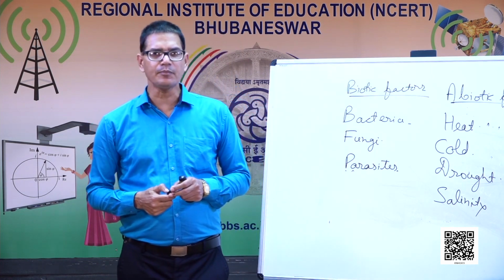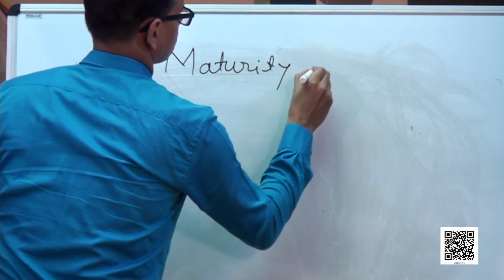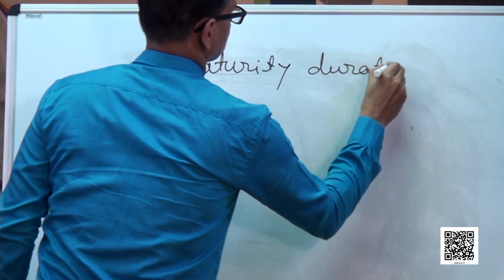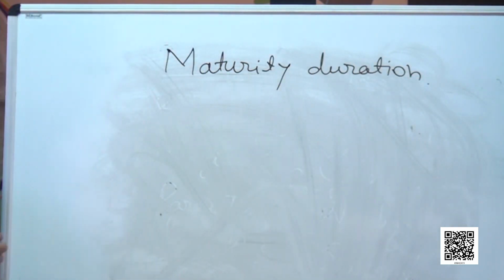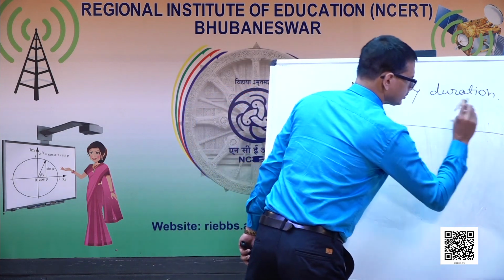Next is change in maturity duration. What is maturity duration? That means a crop requires time to develop from sowing to harvesting. Maturity duration should be less so that farmers get more crops in a year.